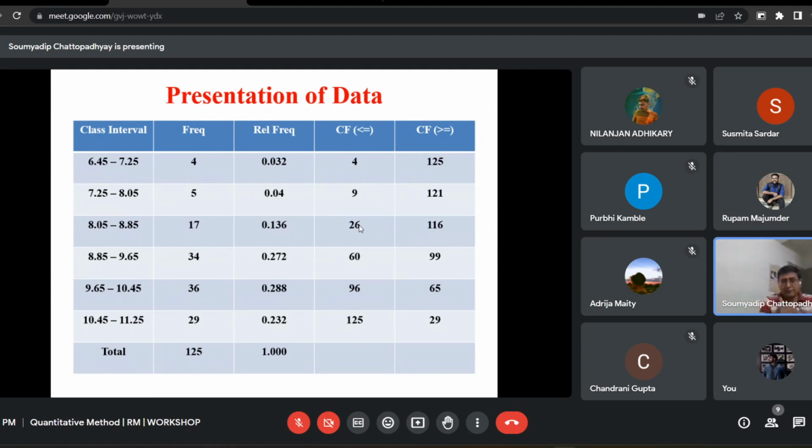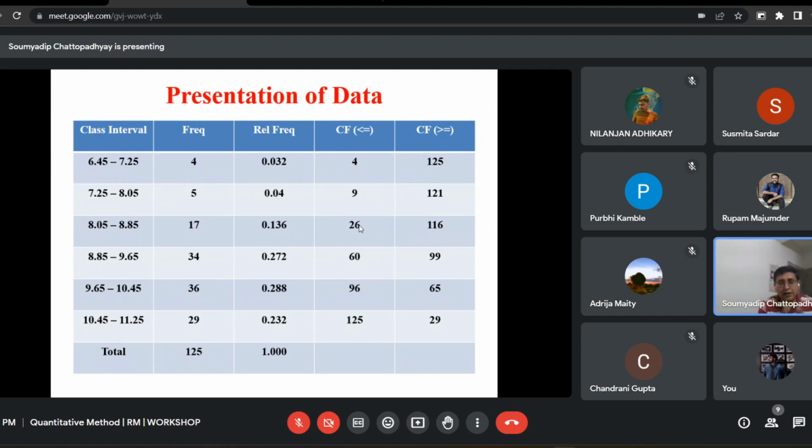From there you can actually have an overview of the kind of income disparities which are there among the people of a particular city. And these are the different kinds of tabular representations which one may use to represent the disparities in income of a particular group of people in a particular city.